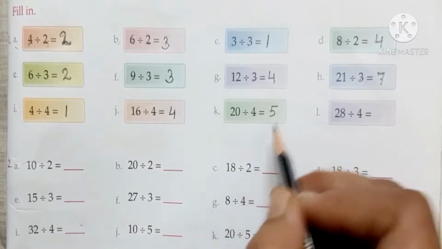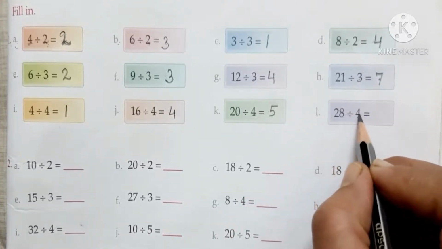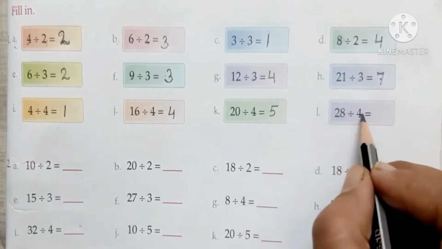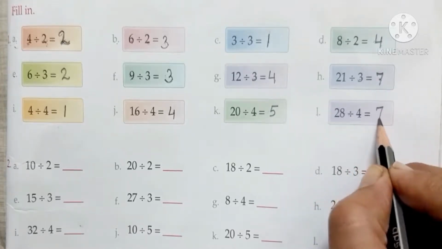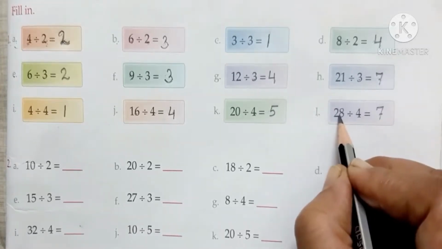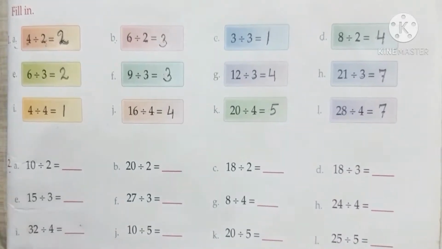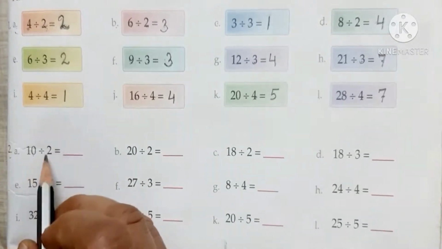L. 28 divided by 4. 4 5s are 20, 4 6s are 24, 4 7s are 28. Write 7 here. 4 7s are 28. 7 is the answer.